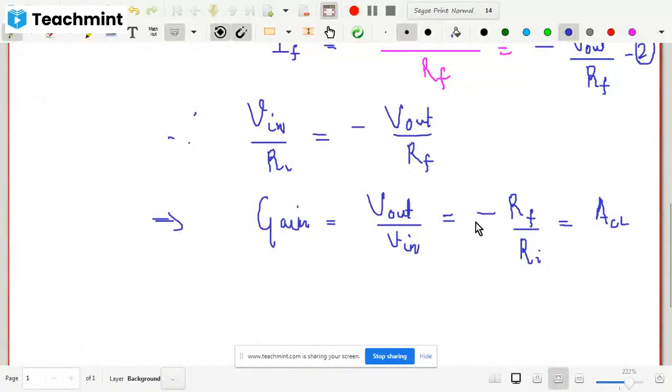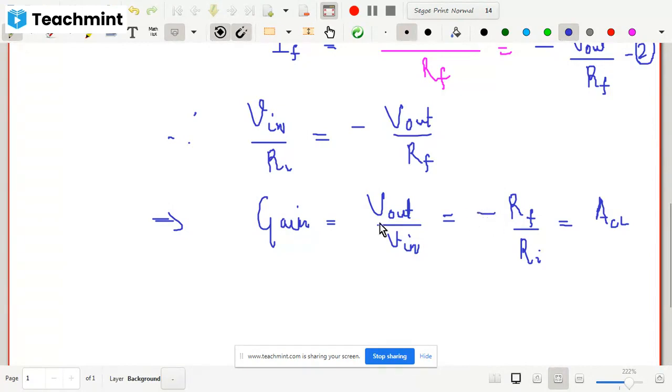And why are we getting the gain negative here? This is very obvious because the amplifier which we are using is a negative feedback amplifier. This negative sign indicates that the phase relationship between the output voltage and the input voltage is 180 degrees. That is why we got the gain to be negative.